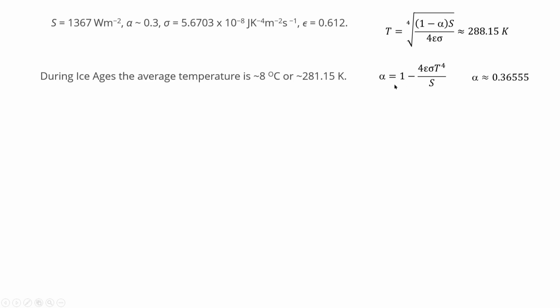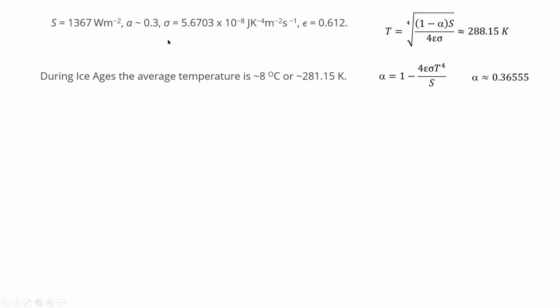Plugging in 281.15 instead of 288, which is about 7 degrees less, we find that at the same emissivity value we should have an albedo of 0.36555 instead of 0.3.